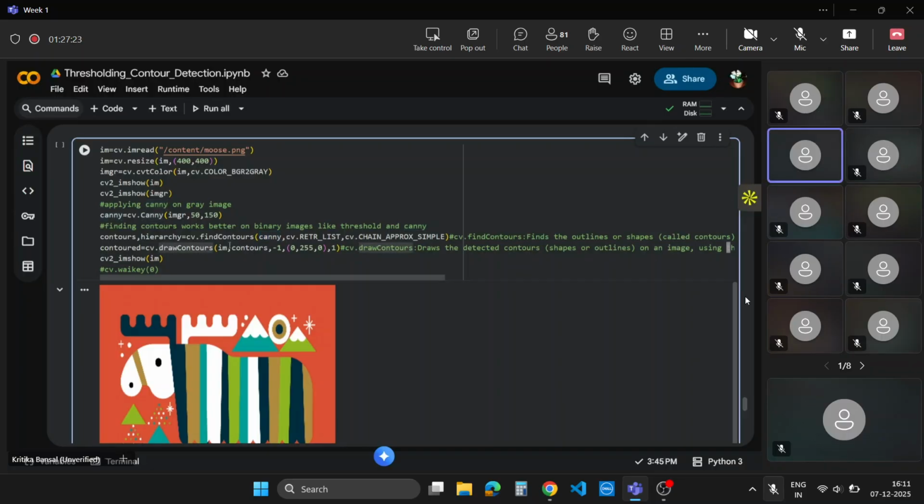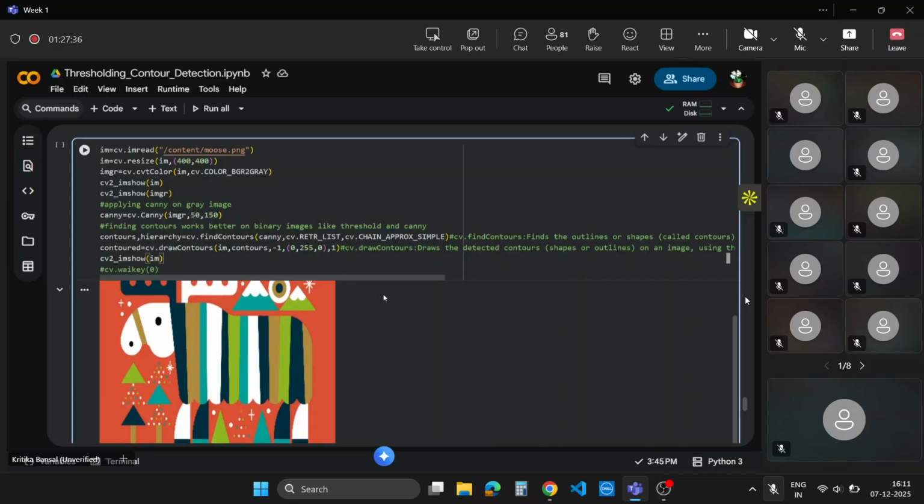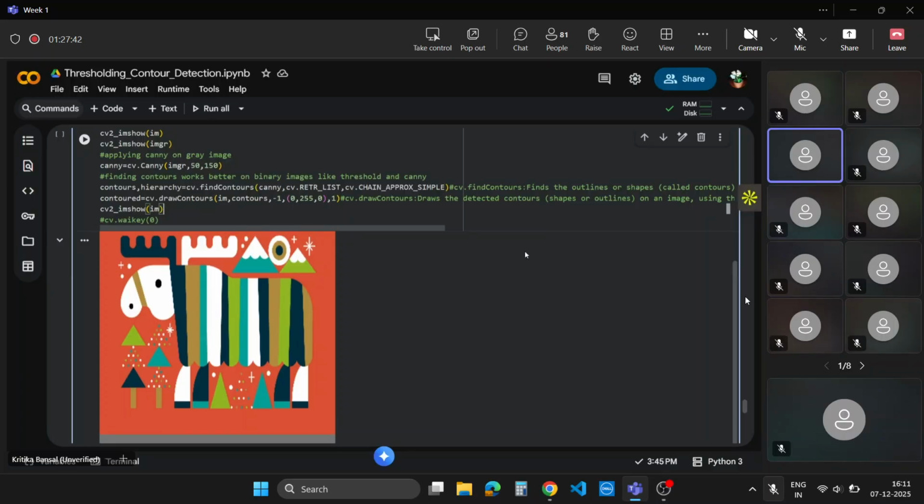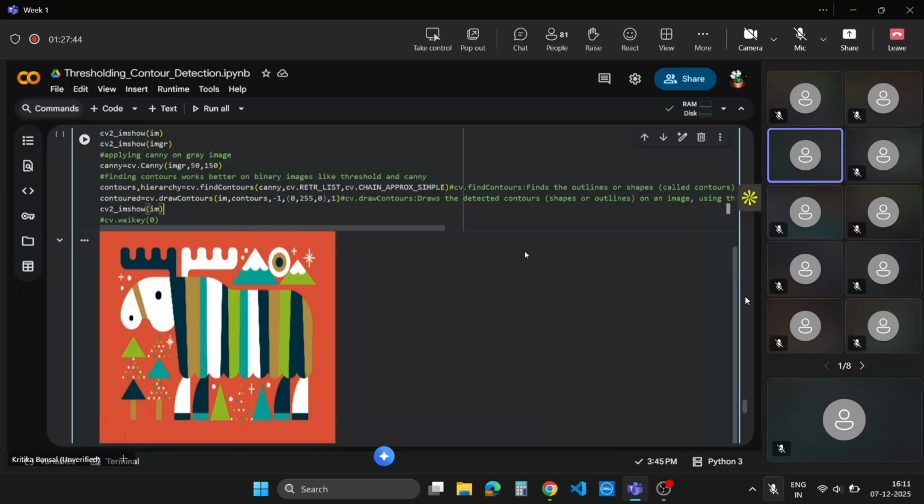And for printing the contours, you have used the original image IM only. Okay, so that's all from the image processing part.